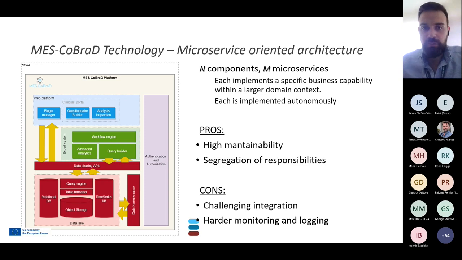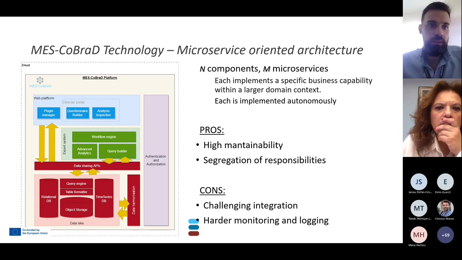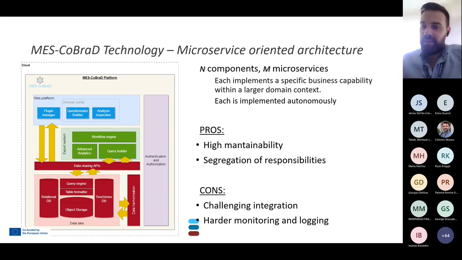I said MES, microservice-oriented architecture. For those who don't know what it is, a microservice-oriented architecture is a pattern that is widely used to design highly scalable architecture. It consists in not creating one single component that is deployed all at once with all the functionalities inside, but composing the functionalities of the solution in several components, let's say n components.